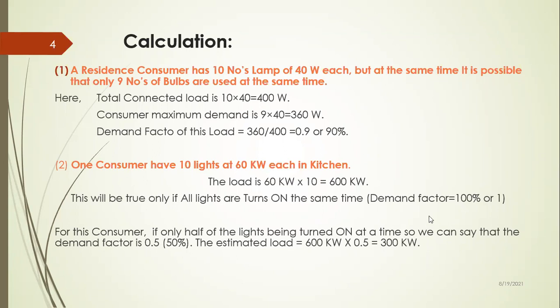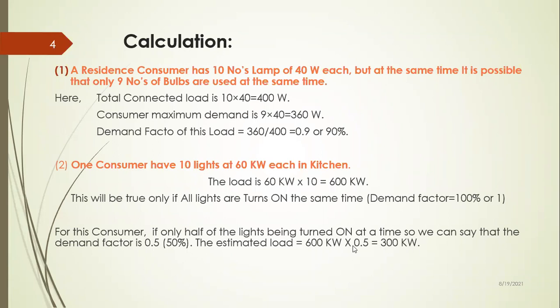But let's say the consumer is using only half of the lights turned on at any time, so we can say that the demand factor for that particular instant of time is 0.5. Half of the lights are turned on, that means 300 divided by 600, so that comes out to be 0.5, or you can say 50%.